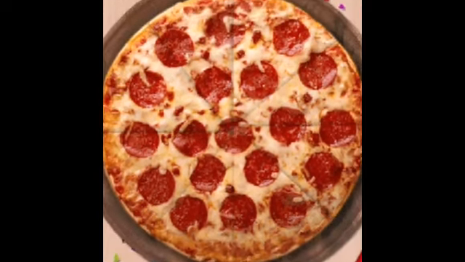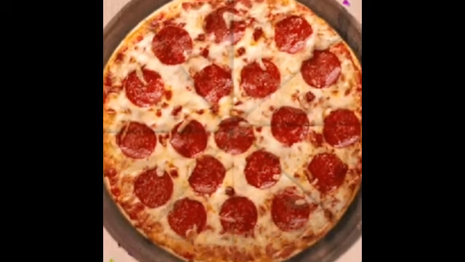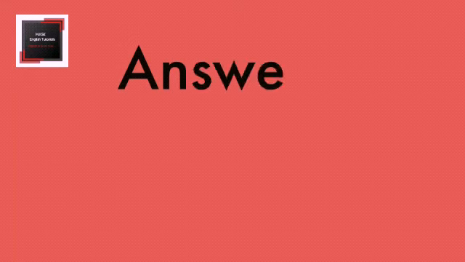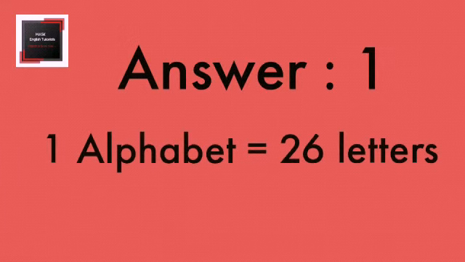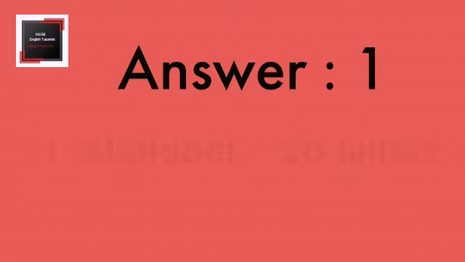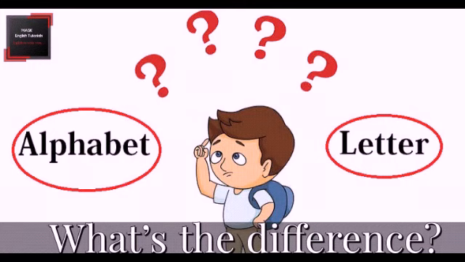As there are 8 pieces in the pizza, it doesn't mean that there are 8 pizzas with you. In the same way, as there are 26 letters, it doesn't mean that there are 26 alphabets. There is only one alphabet and it consists of those 26 letters.